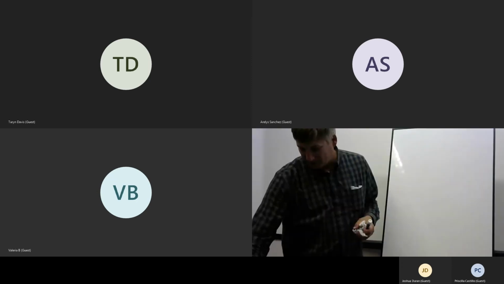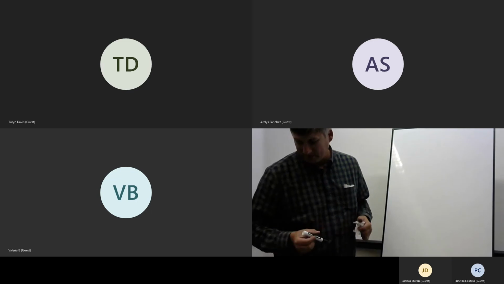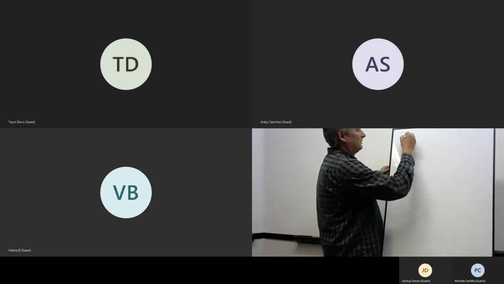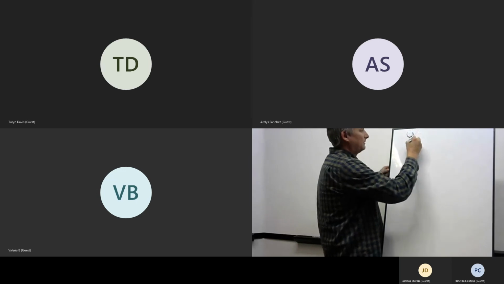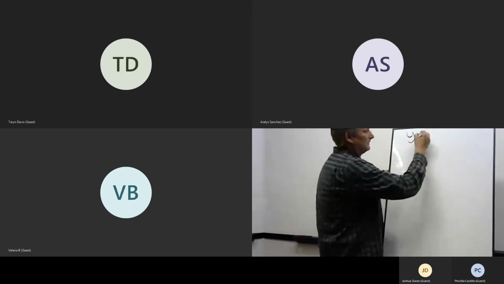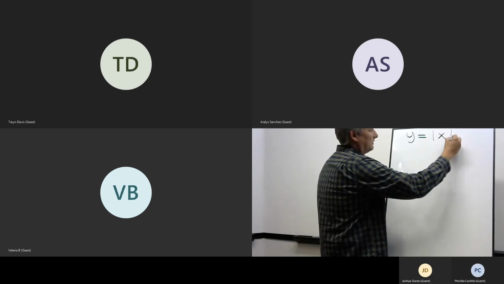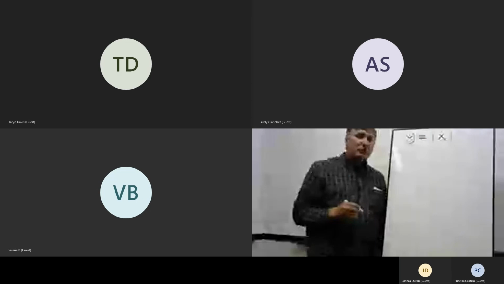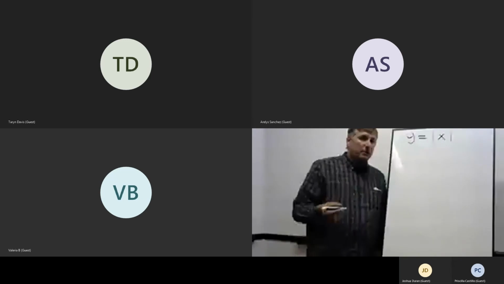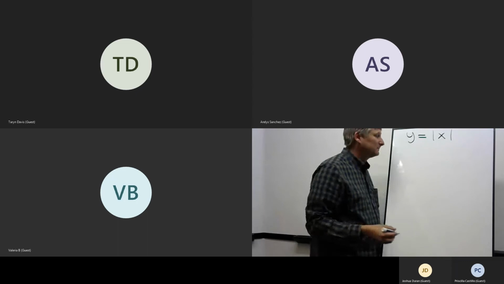Now let's take a look. Let's let y, or f of x, y and f of x are interchangeable. Let y be the absolute value of x, or put another way, the distance x is from 0.